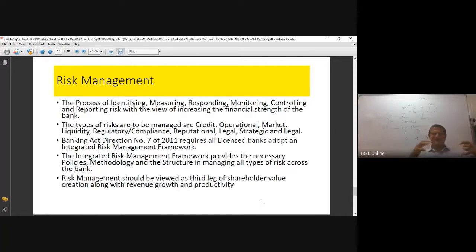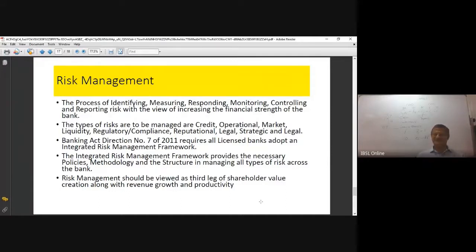Now we looked at types of risks. Now we are going to look at risk management per se. Risk is a chance, an uncertainty, that your objectives may not be achieved. Now, what about management? I'm sure you are all aware of what management is.